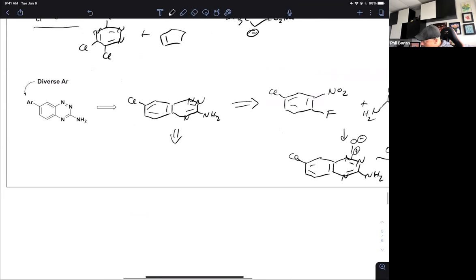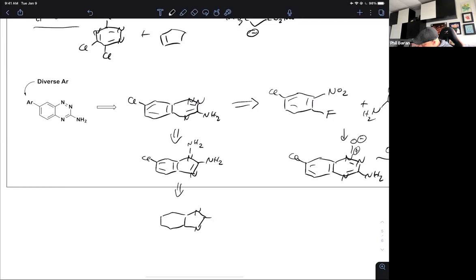So that might come back from that. Now, the only problem with this is that, of course, it's going to come back from an easy to make 2-amino-benzimidazole, which we haven't learned how to make yet, but guess what?